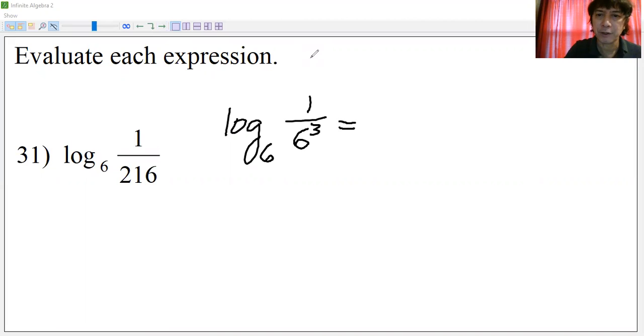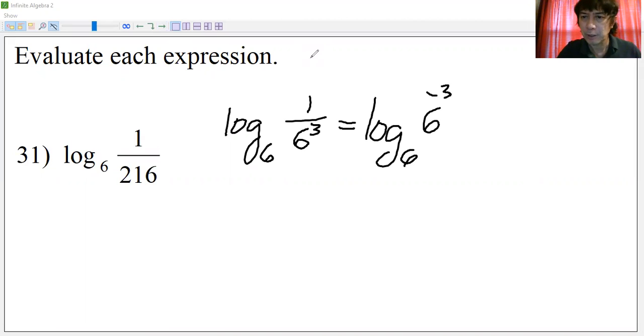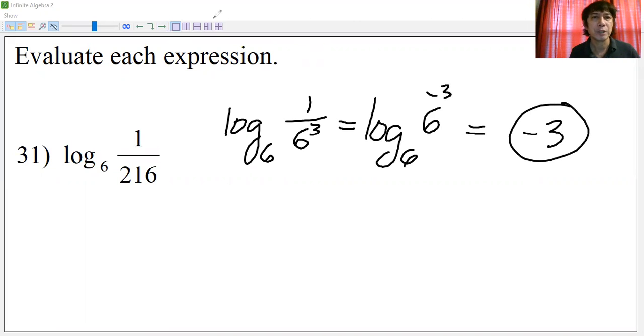And so we can further transform this to logarithm to the base 6, 6 to the negative 3. And so the answer is clearly just negative 3. And we shall be able to check on this. What's the answer? Negative 3. That's the confirmation, and we shall be able to continue with the next number.